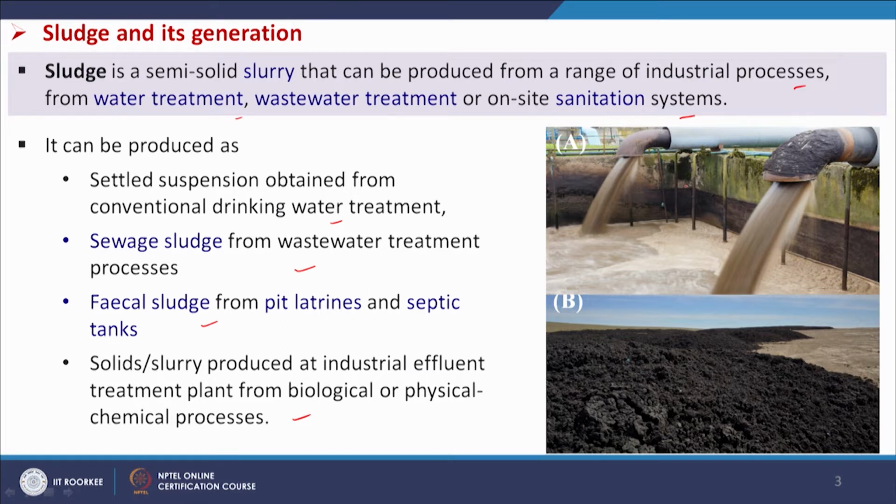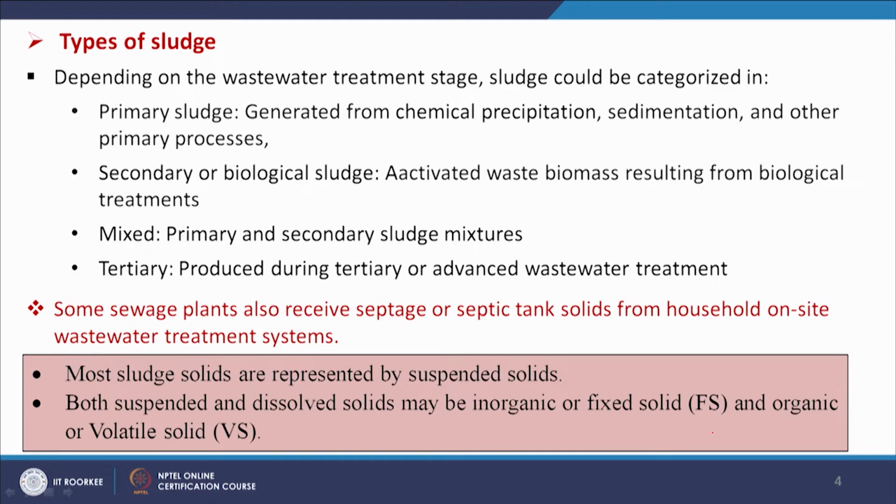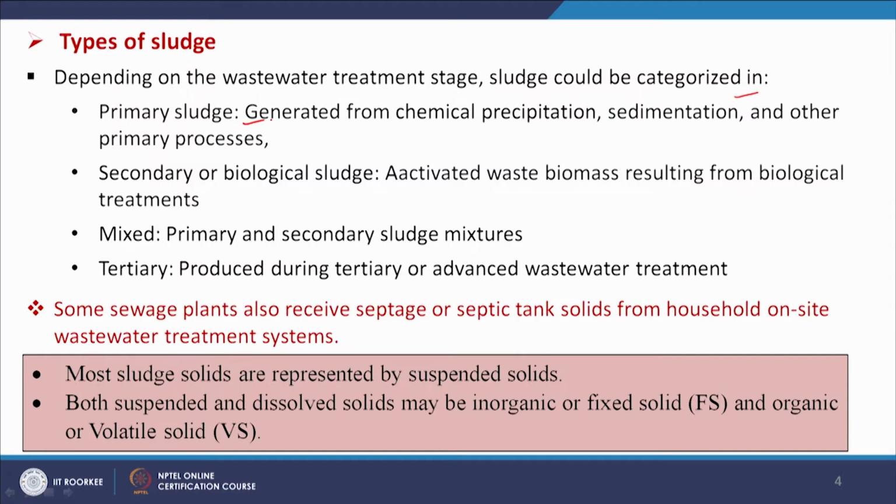This figure shows how the sludge looks, and after dewatering we get this type of solid material, which has some nutrient value and some energy content as well. Depending upon the wastewater treatment stage, sludge can be characterized as primary sludge, which is collected from the primary clarifier bottom, and secondary or biological sludge, called activated waste biomass, resulting from biological treatment, that is the secondary clarifier bottom material.